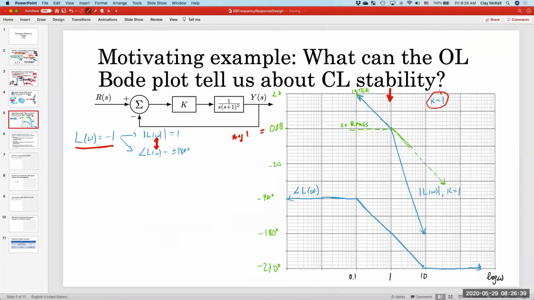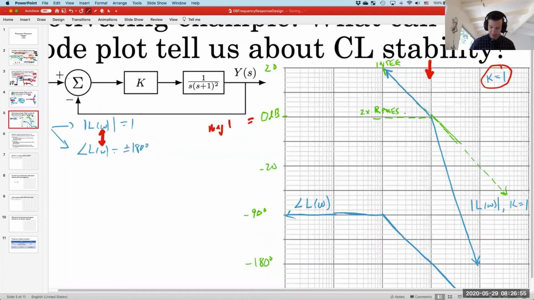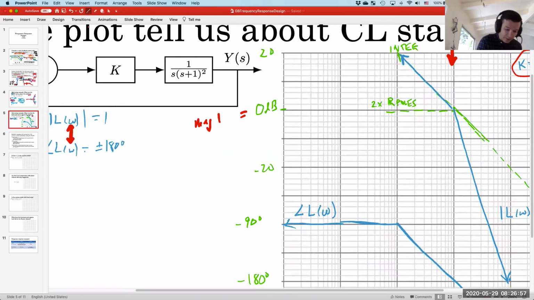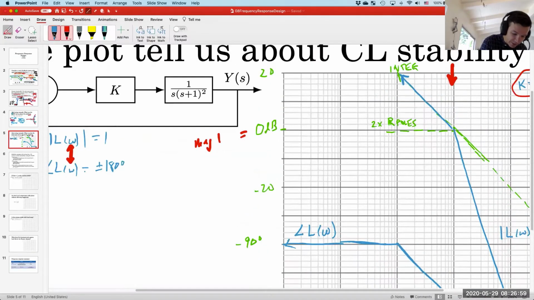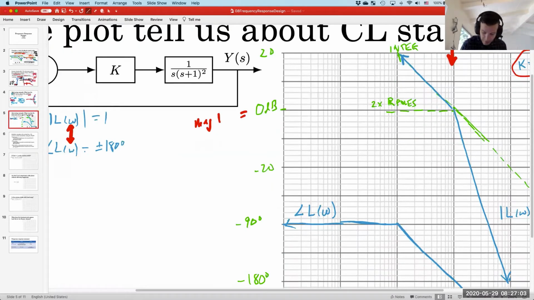Aren't we using the straight line approximation, so it's not 100% accurate? Very good, very good. If I were to create the 3 dB correction here, so actually let me see if I can zoom in, that would be super helpful. Yes, this you can't do on a whiteboard. Okay, so if I were to include the 3 dB correction here, then each of these green kinks would actually be 3 dBs down.